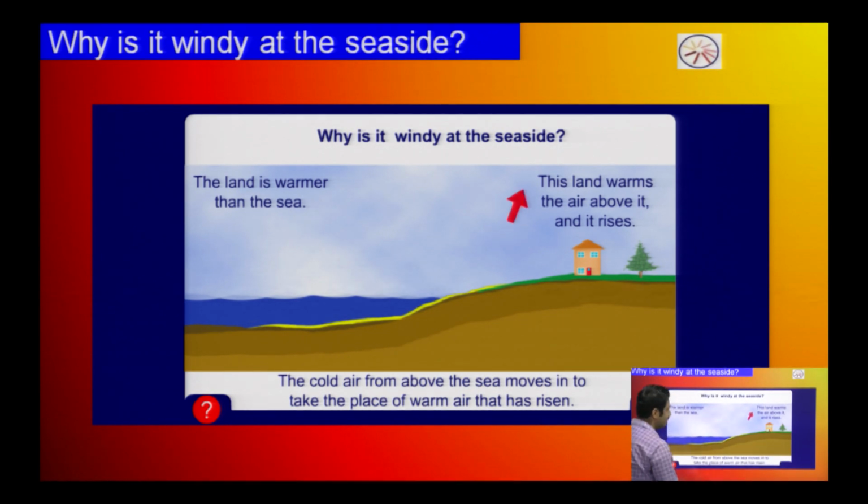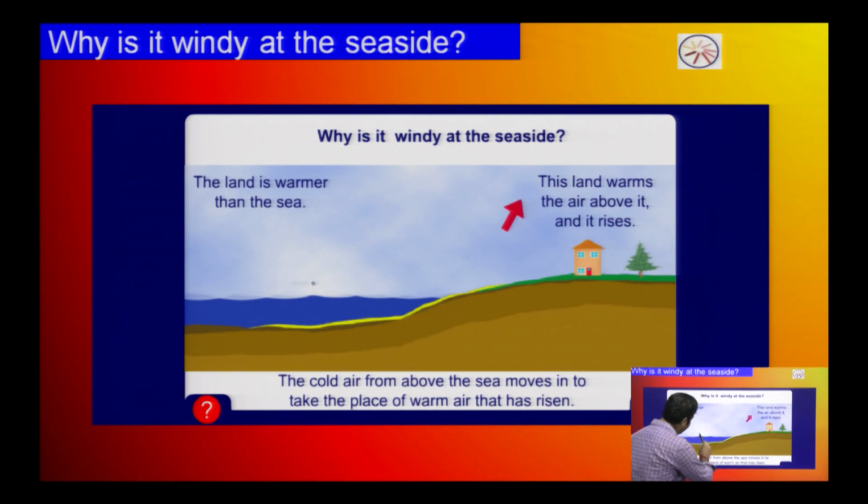So suppose this is the land and it is very warm. As we all know, the warm air rises because there is a density reduction. Just now I told you that nothing can be kept in vacuum naturally because we have atmospheric pressure over our head.